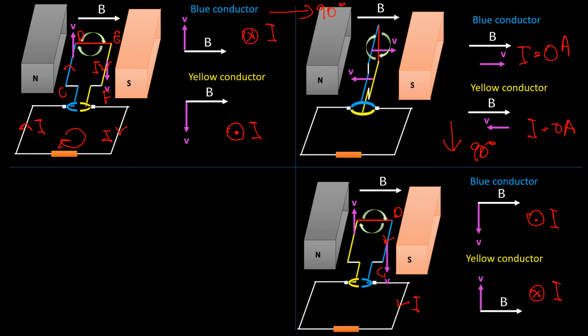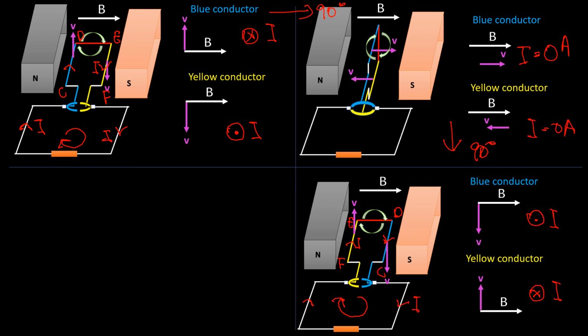In other words, I label here as E, here as F, so your current is flowing into the page. So flowing in the main circuit is flowing into the yellow split ring. If you look carefully, in the main circuit the current is still flowing in a clockwise direction.